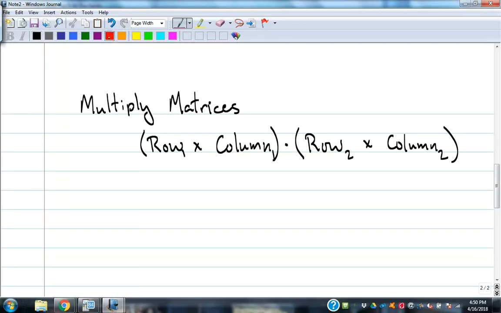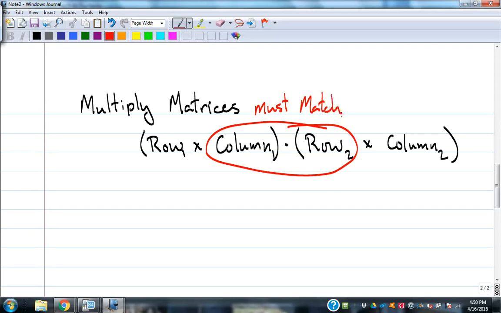In order to be able to multiply them, these two have to match. If they don't match, you can't multiply them. The columns from the left matrix must match the rows from the right matrix. Yes, by match, I mean be the same number.